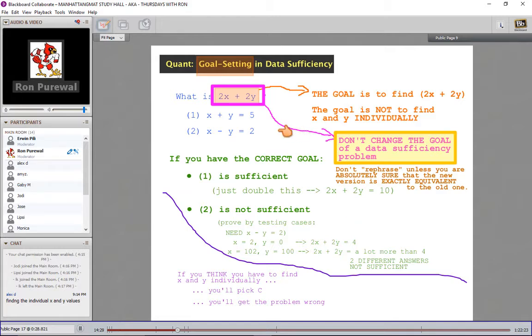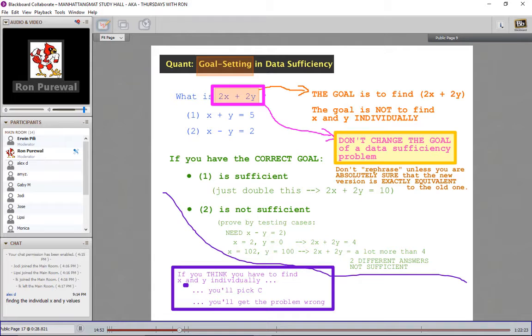How this one works. Not saying that C will never be the right answer to these, but if you look at how this one works out, if you combine the statements and you get too much information, you can pretty much bet the odds that's not going to be right.